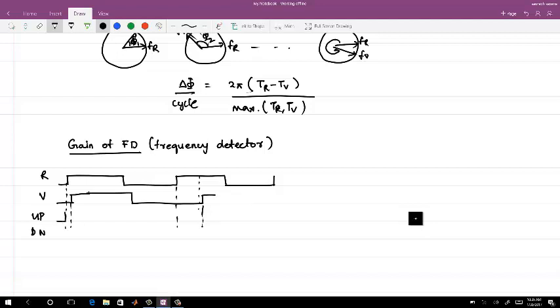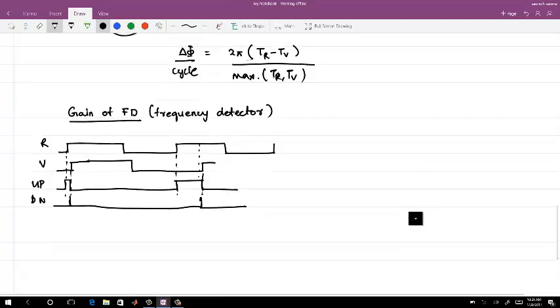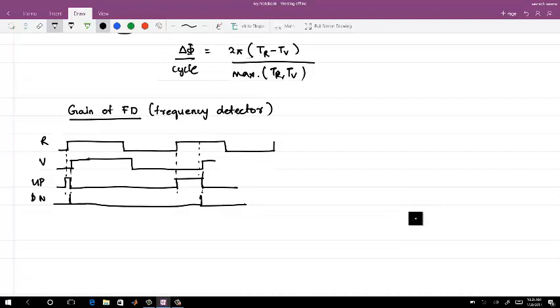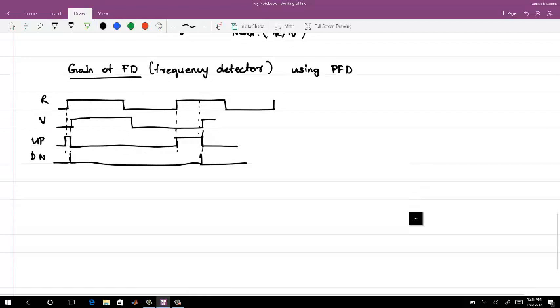So this is a PFD output, and down is just a pulse right now in this case. Do you get this? Okay, this is for when I use a PFD. So you know the up and down signals.